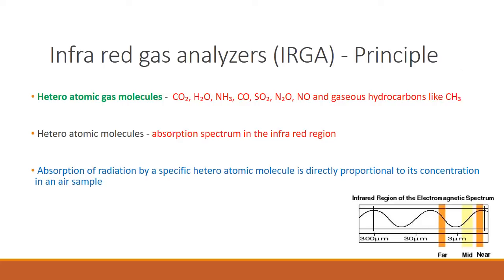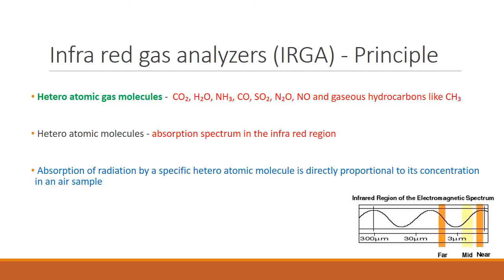Heteroatomic molecules have a characteristic absorption spectrum in the infrared region of the electromagnetic spectrum. This is a picture showing the infrared region of the electromagnetic spectrum. That is, these heteroatomic molecules absorb this infrared region of the electromagnetic spectrum.